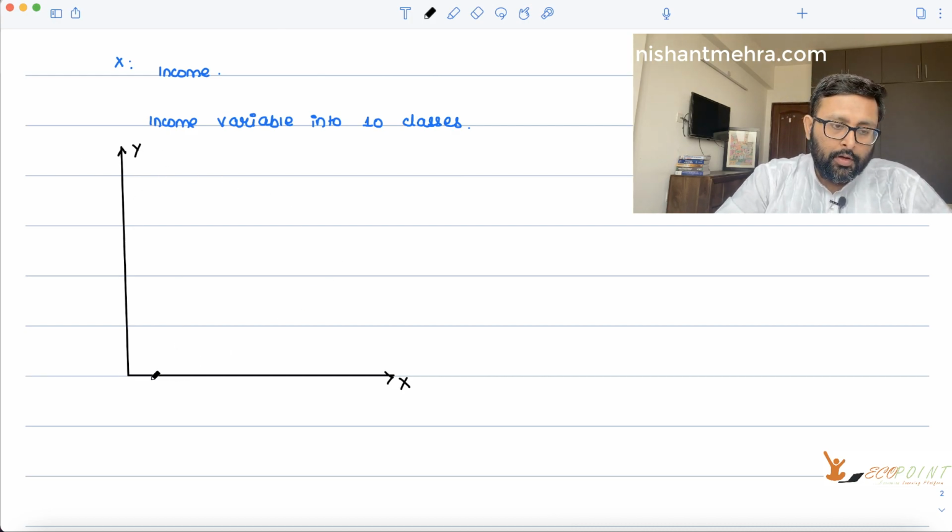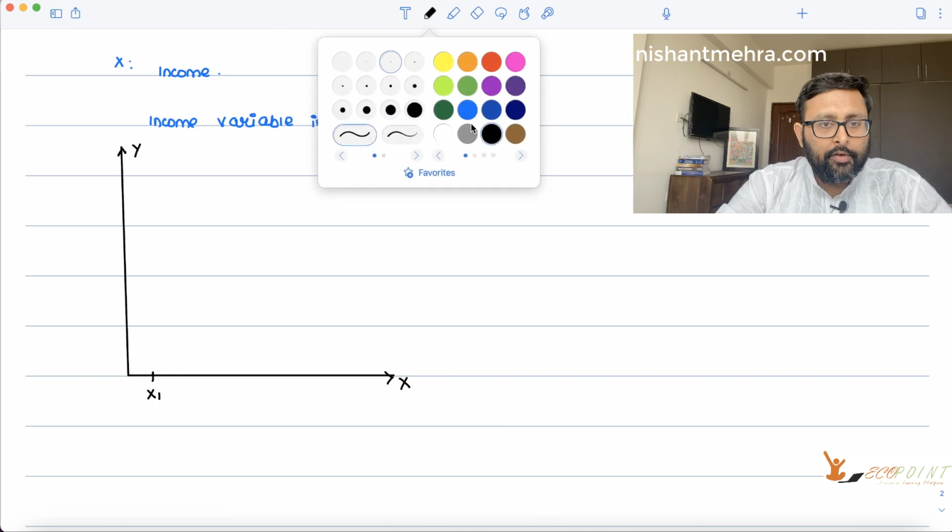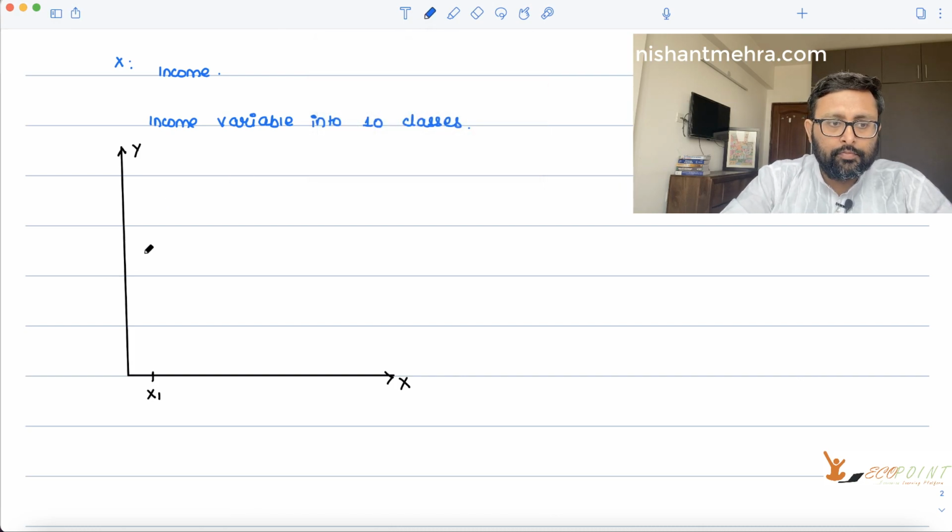Now, for X1 level of income, let us say this is 2 lakh rupees and below. You found out that most of the people are getting around 250 to 300 marks out of 500.